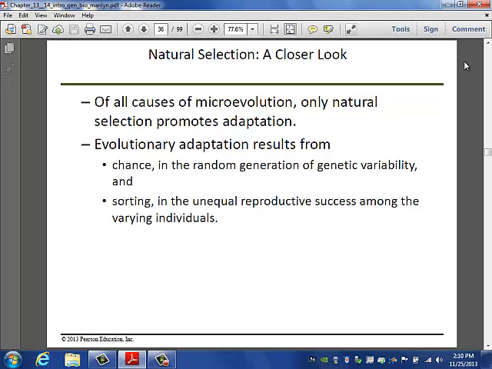So, of all causes of microevolution, only natural selection promotes adaptation. What did I say? Cases. You're right, causes. It's hard to read sideways. So what does that statement mean?